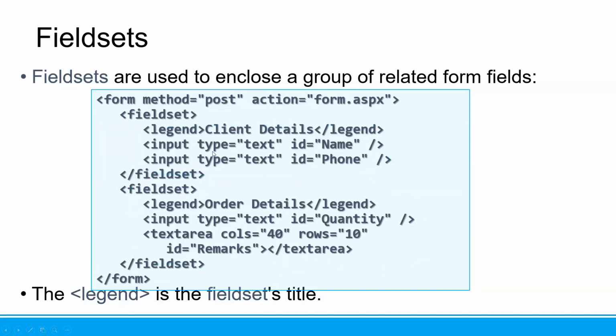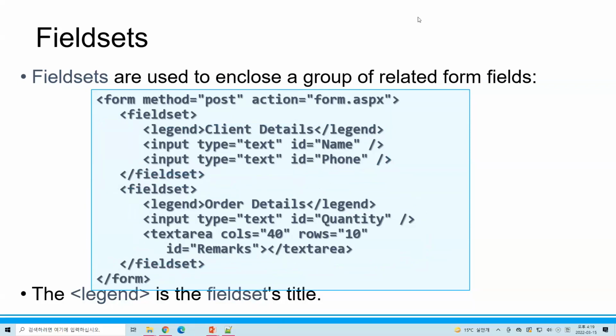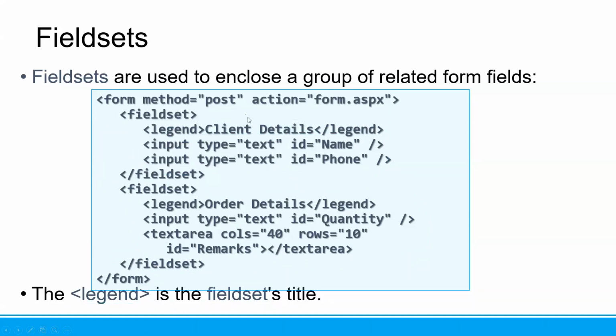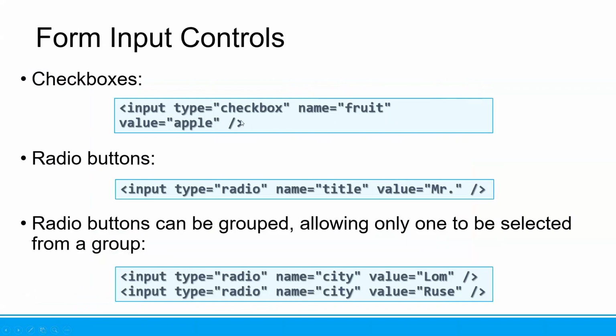Sometimes people want to see the header of this data, so we can use legend. The legend is the field set title. It is only to show what is meant by this field set. We can define other input controls.